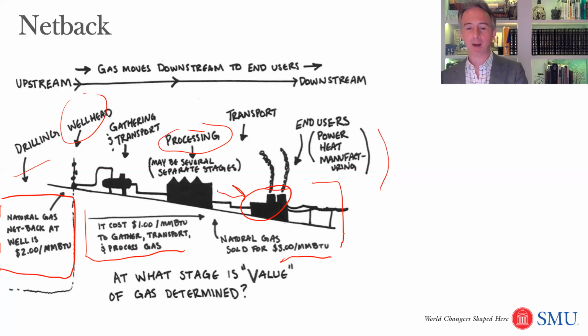And the reason it can be complicated is there might be disputes about how much each of these steps along the way, gathering and transport, processing, pipeline transport, should really have cost. If you're being charged per MMBTU by the pipeline, okay, fine.